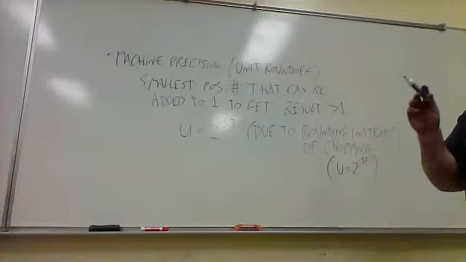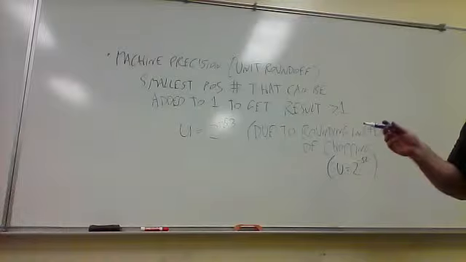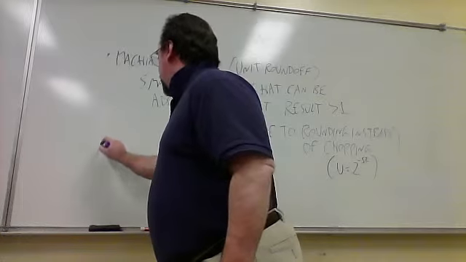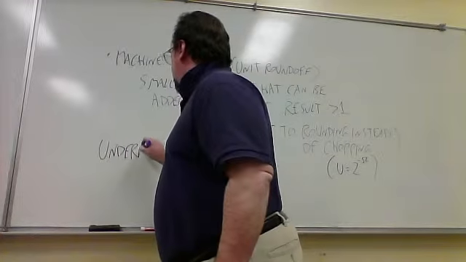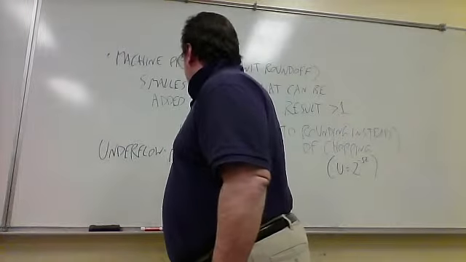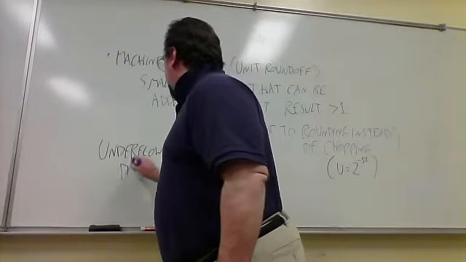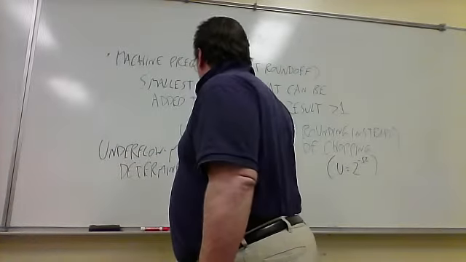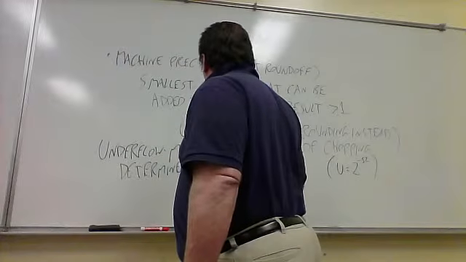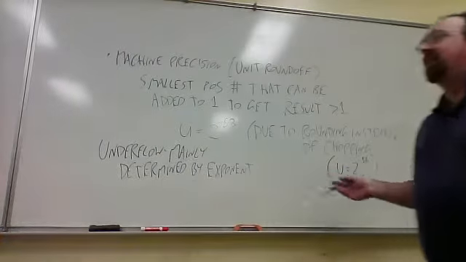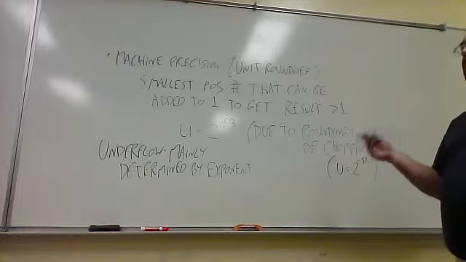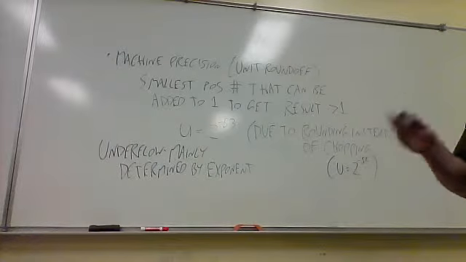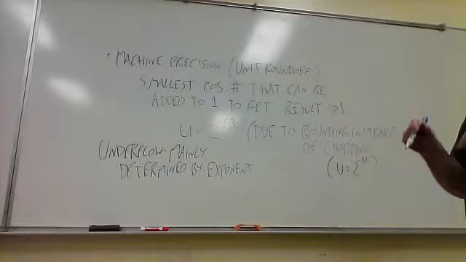Now, to answer your question about underflow versus machine precision. The underflow level is mainly determined by your exponent. How many bits do you have for your exponent? Now, because we're denormalizing, yes, the number of bits in your mantissa also plays a role, but when it comes to the magnitude of numbers that can be represented at all, it's the exponent that's key.